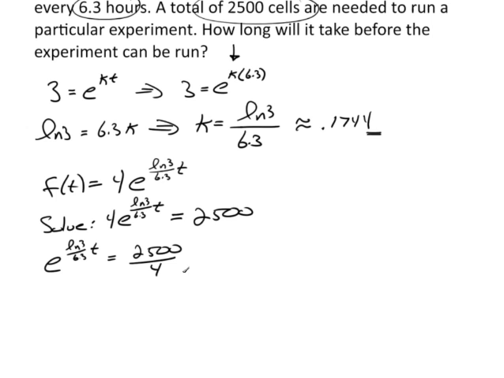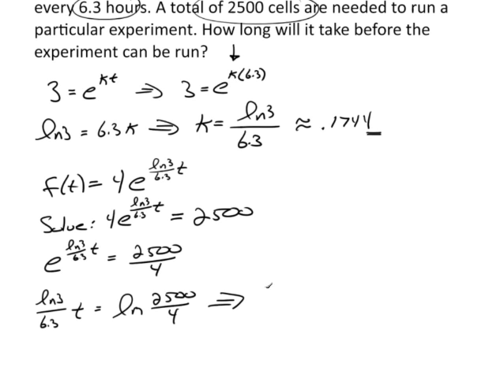Now if I take the log of both sides, I end up with ln 3 over 6.3 t equals the natural log, that's right, ln of 2,500 over 4. Obviously, when I took the log of both sides, I had ln e, which is 1, so I didn't even bother writing that.